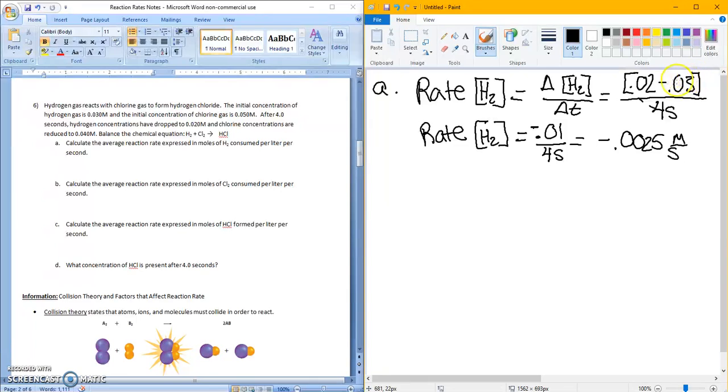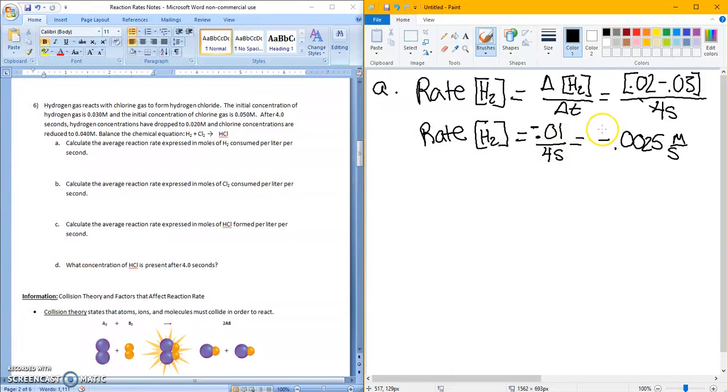So I do final minus initial. And then it also says the reaction occurred for 4 seconds, so I divide by 4 seconds. That gives me 0.01 over 4 seconds, and it's negative, which gives me a total rate of 0.0025 molarity per second. However, there's something we're missing.